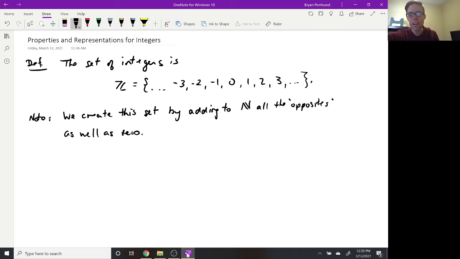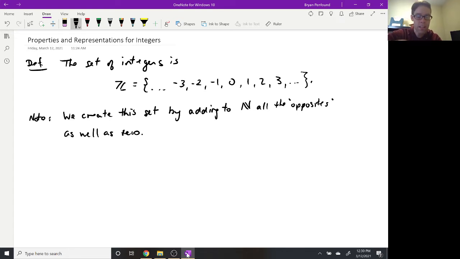There's a bit more of a mathematical term that goes along with what we mean by opposites, but the idea is since 2 is inside the set of natural numbers, I want the opposite to be inside the set of integers, the number -2. So all of those reflected or mirrored numbers across 0 are going to end up being inside of the set of integers.